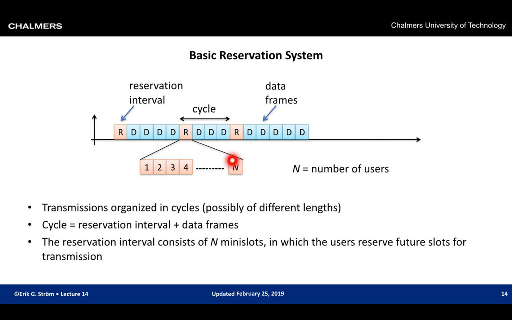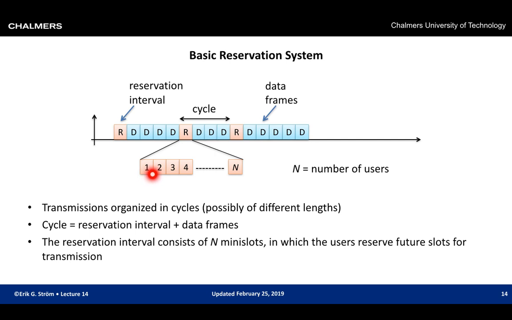The reservation here is divided into a number of mini slots, 1, 2, 3, up to capital N, where capital N is the number of users. In this, we organize whether user number 1 has some data to transmit, whether user number 2 has some data to transmit, and so forth. For instance, if user number 1 has some data to transmit, it says, hey, I'm number 1, I would like to transmit.